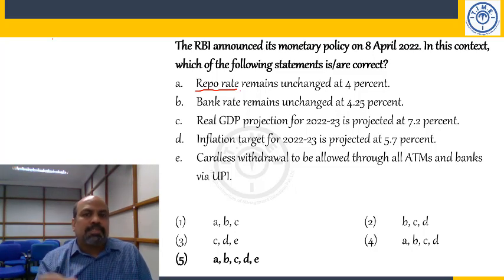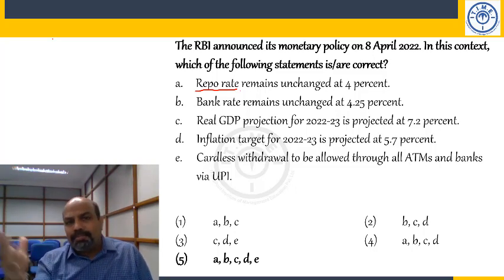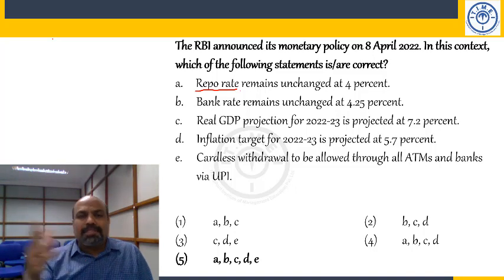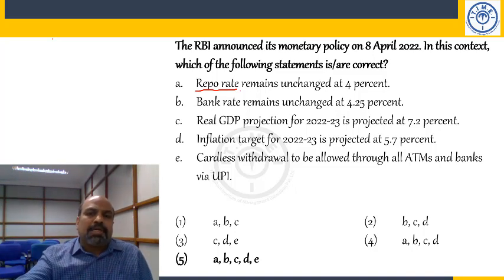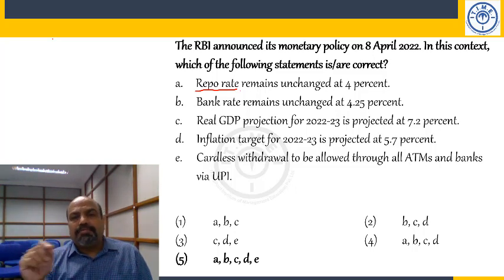So essentially, when commercial banks borrow money from the RBI, they are charged this rate of interest, and that's currently at 4%. So you could write dash currently 4%.